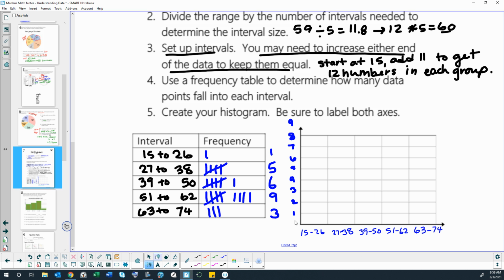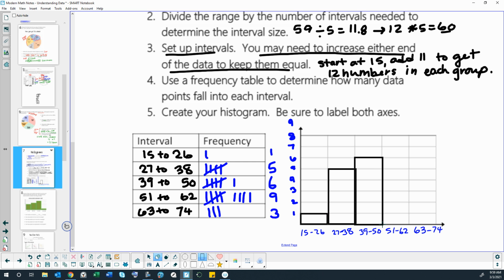So now we create like a bar graph, only it's not by categories, it's by intervals. So our first interval only, no, I don't want a circle. What am I doing? Our first interval only has 1. Our second interval, I didn't hand out colored pencils today, sorry, but if you want one, you're always welcome to grab a colored pencil partway through class or whatever. 5 there.